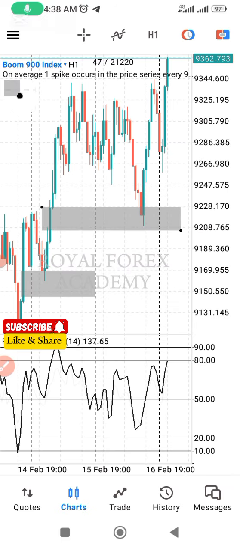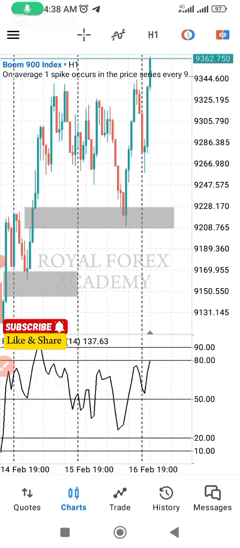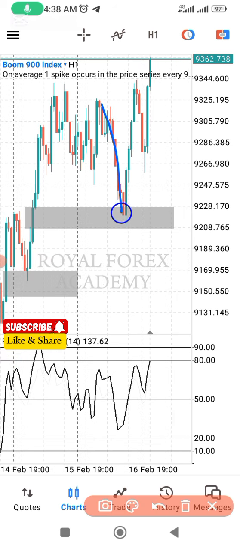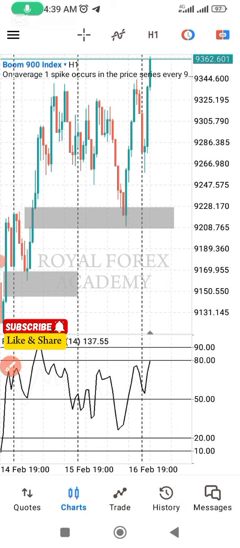So you can just be catching this thing. Can you see that price came in? Tapped into that. Gave us a bullish engulfing candle. You buy here, your stop loss is here. And you see that pull to the upside. So this is how beautiful, this is how easy, this is how simple this can be.